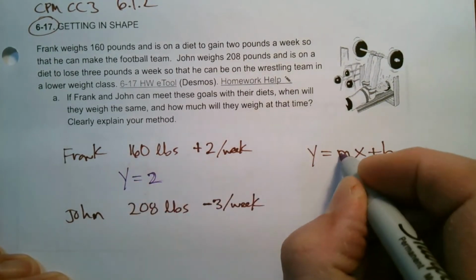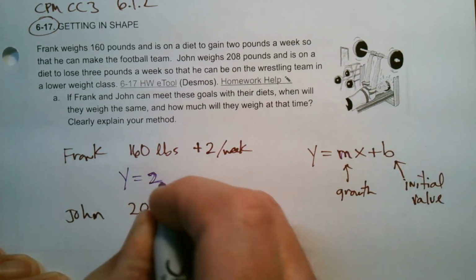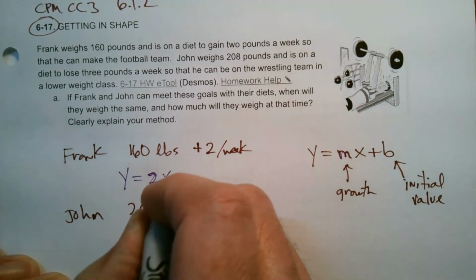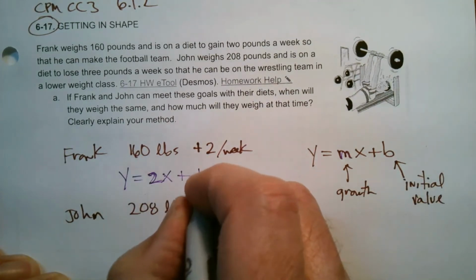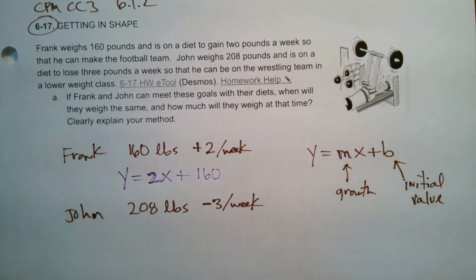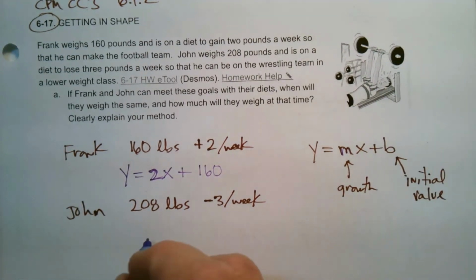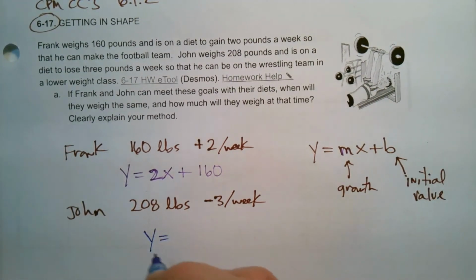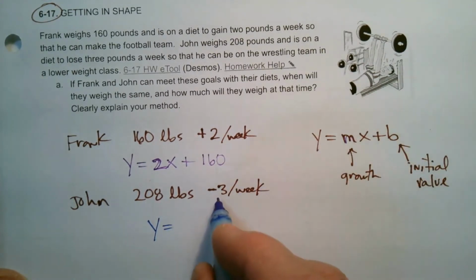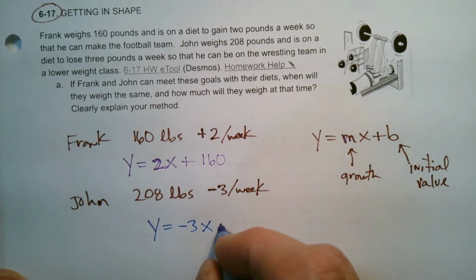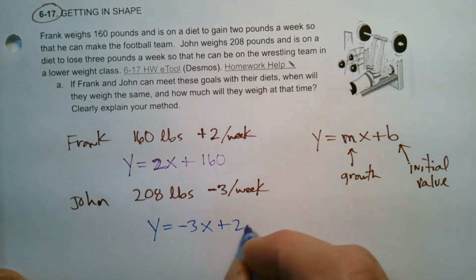So that's the m, positive 2. And then we always have the x in my equation, plus my initial value is 160. So that's Frank's equation. The equation for John, y equals, and his growth is a negative 3. He wants to lose, so negative 3x, and then his initial value is 208.